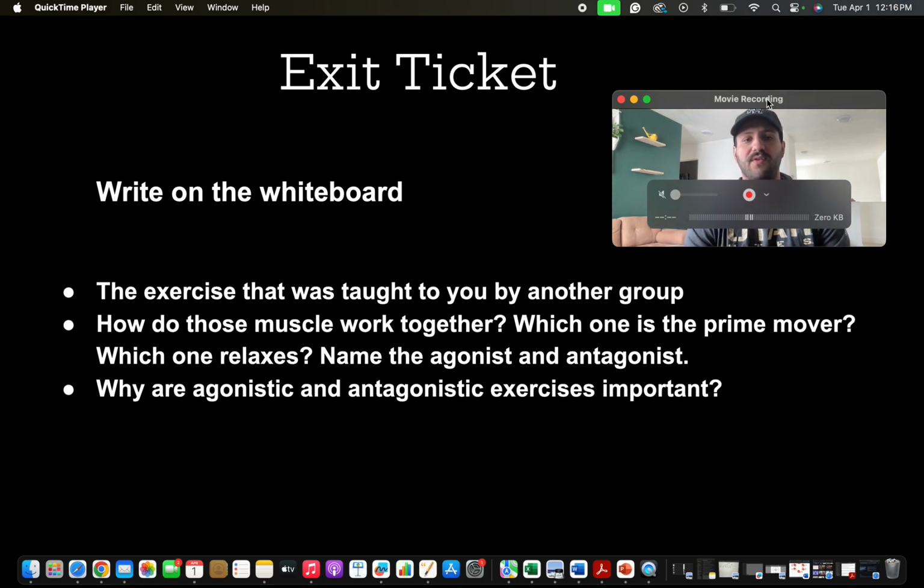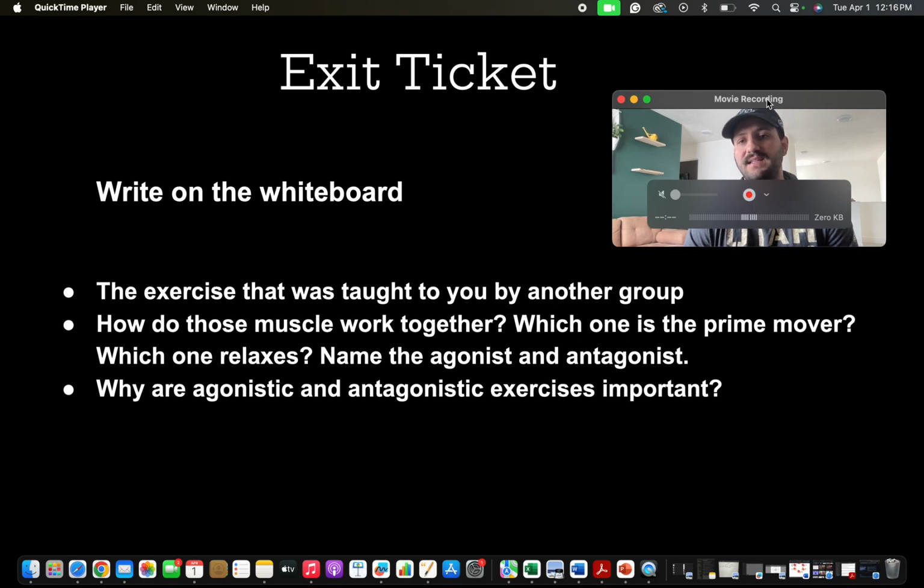I want you to write on the whiteboard what exercise was taught to you by another group. So after you do that, I want you to identify how those muscles work together, which one's the prime mover, and which one relaxes. So in other words, which one's the agonist and which one's the antagonist.